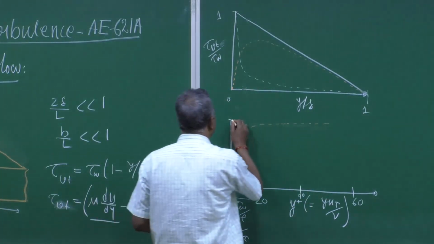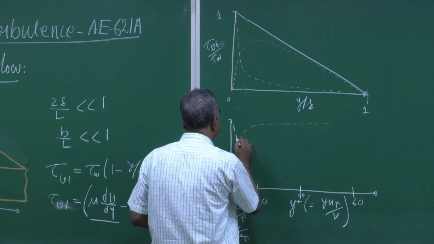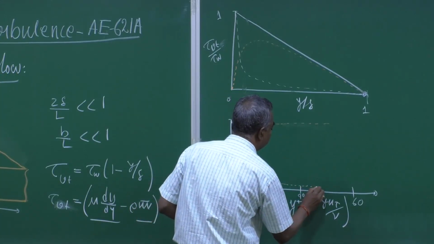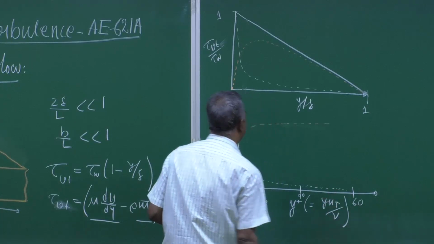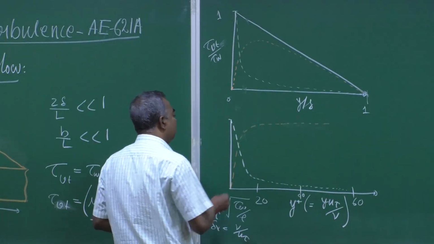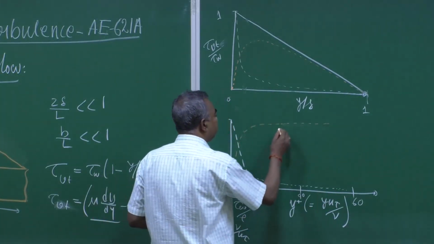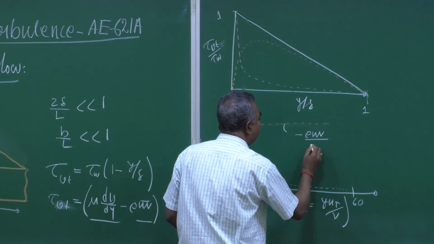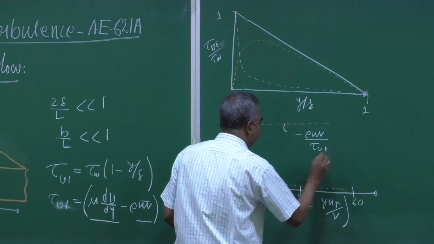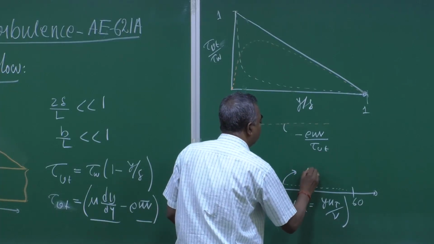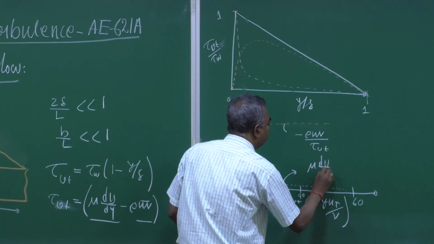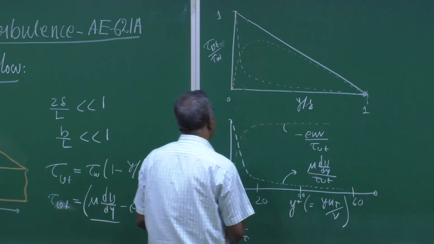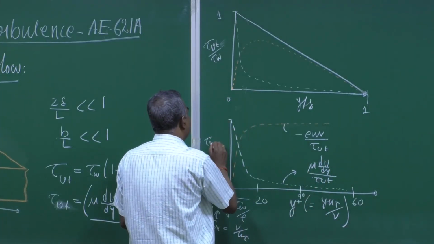Whereas the viscous stress reduces and approaches 0 as you increase y plus. Okay. So, this one is minus rho u'v' divided by tau t, and this one is mu du/dy divided by tau t. Okay. So, this is the same tau t.